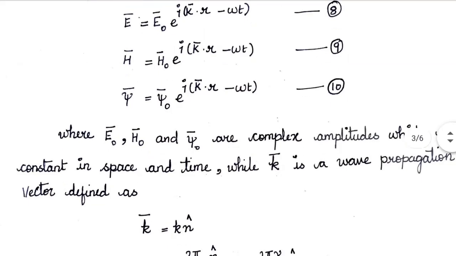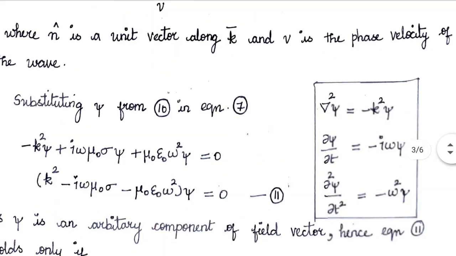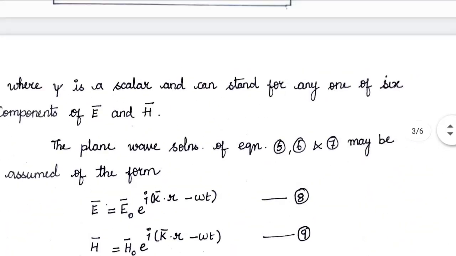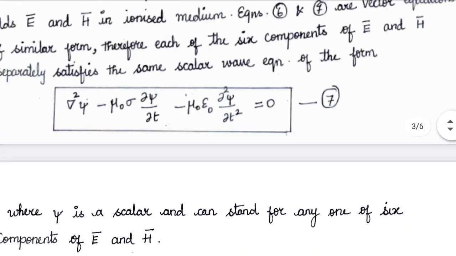And then dou square psi by dou t square, you will get minus omega square psi, that is, you differentiate the previous result again and get minus omega square psi. Let us substitute these values of del square psi equal to minus k square psi, dou psi by dou t equal to minus i omega psi, and dou square psi by dou t square equal to minus omega square psi in equation 7.